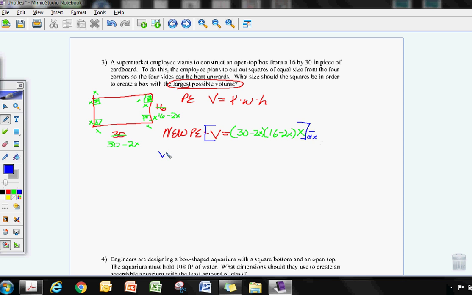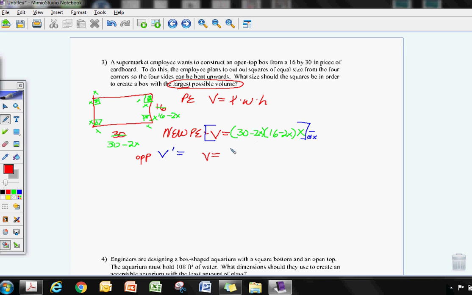So my derivative of volume, I'm thinking, oh, this would be using product rule. Maybe I don't want to do this yet. I'm going to hold off for a second, because I think I want to do some math first. I want to go back into red, into my new primary color, and instead of having to do the product rule with this nasty, I'm going to FOIL this out.